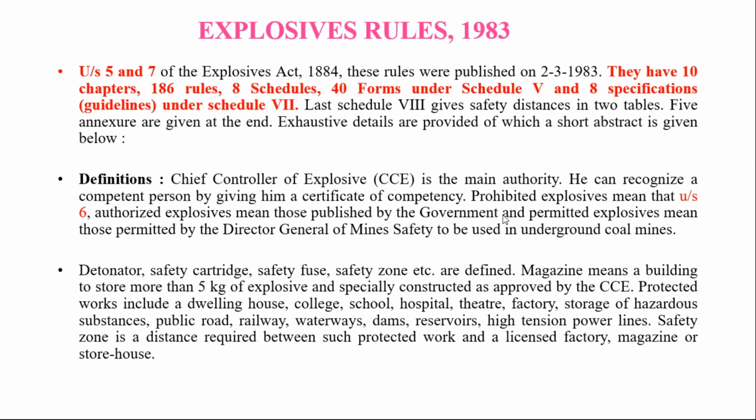Again, I'm discussing only the main rules, or the salient features, of the Explosive Rules. Under sections 5 and 7 of the Explosive Act 1884, these rules were published in 1983. They have 10 chapters, 186 rules, 8 schedules, 40 forms under Schedule 5, and 8 specifications under Schedule 7.